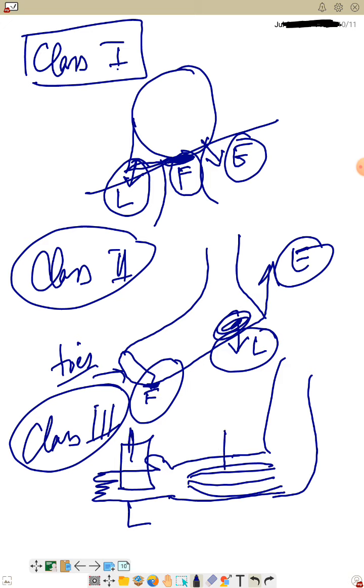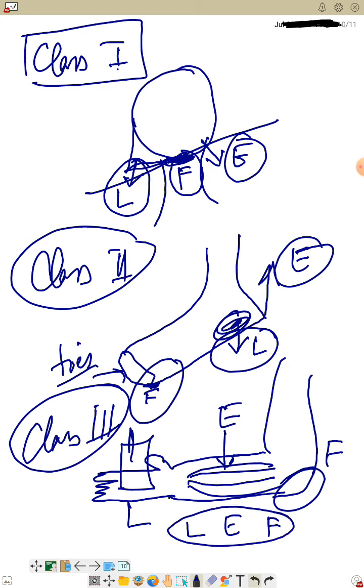So this is the effort applied by my hand, and this is my elbow, and the joint of this elbow helps me to turn my hand. So that is my fulcrum. Here you see that effort is lying between load and fulcrum. So this is my example of class 3 levers.